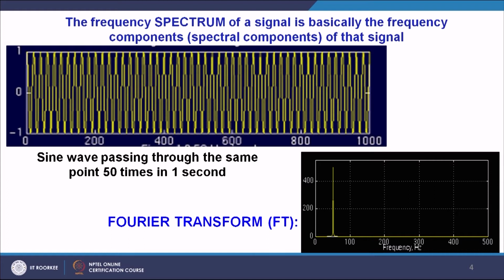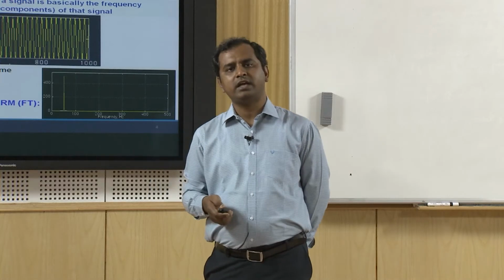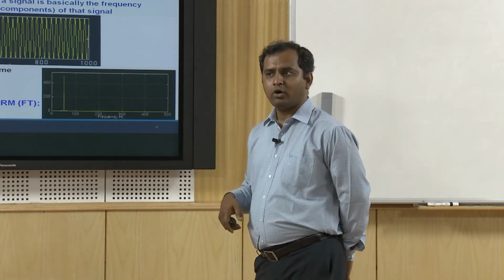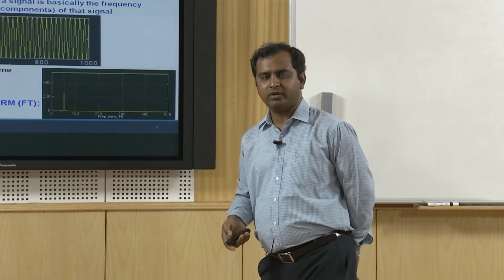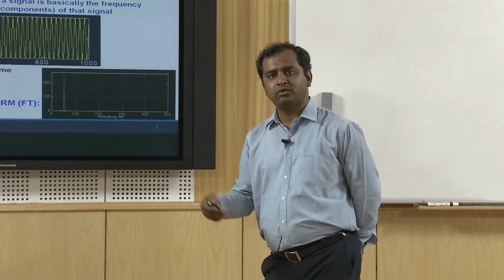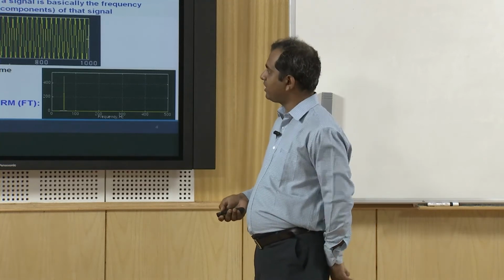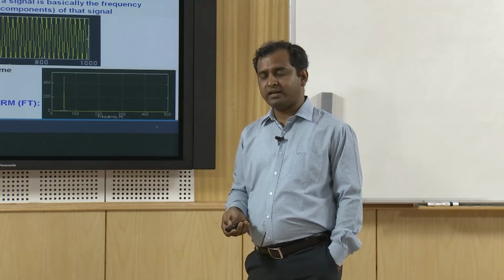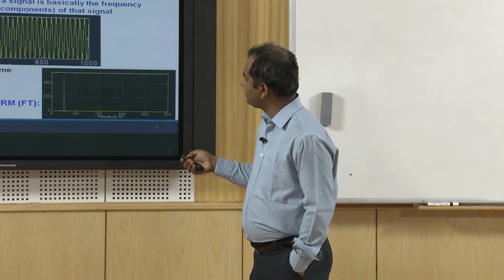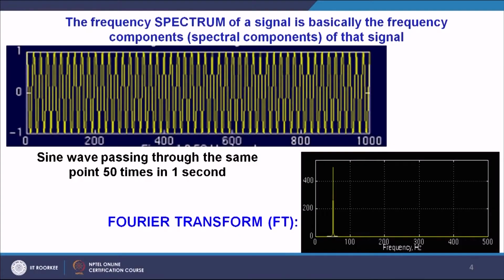Once you do the fast Fourier transform for this signal, you will find this is the fast Fourier data of this signal. I will not go into the mathematical detail of the fast Fourier transform because that is a part of mathematics, but I believe all of you know how to do the fast Fourier transform of time dependent data. If you do that, you will find this is the FFT of this signal and you can find a sharp peak just at 50 hertz.